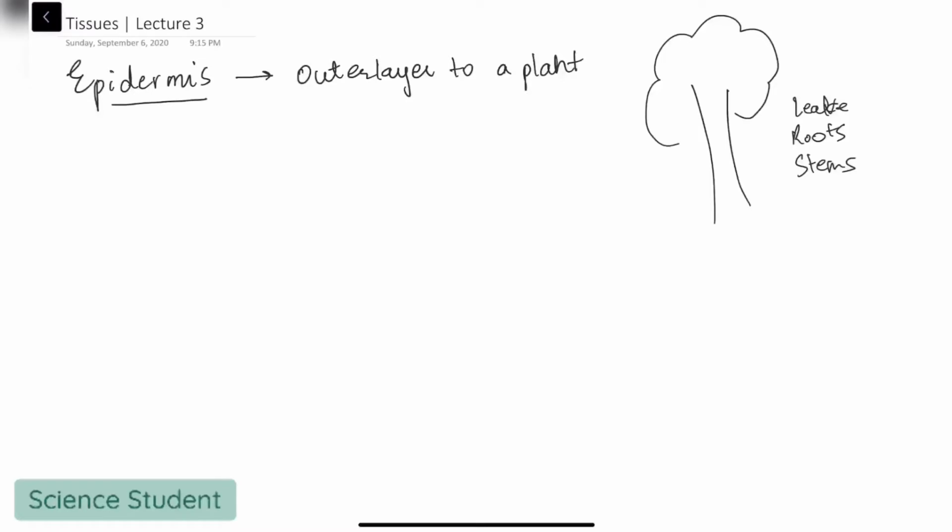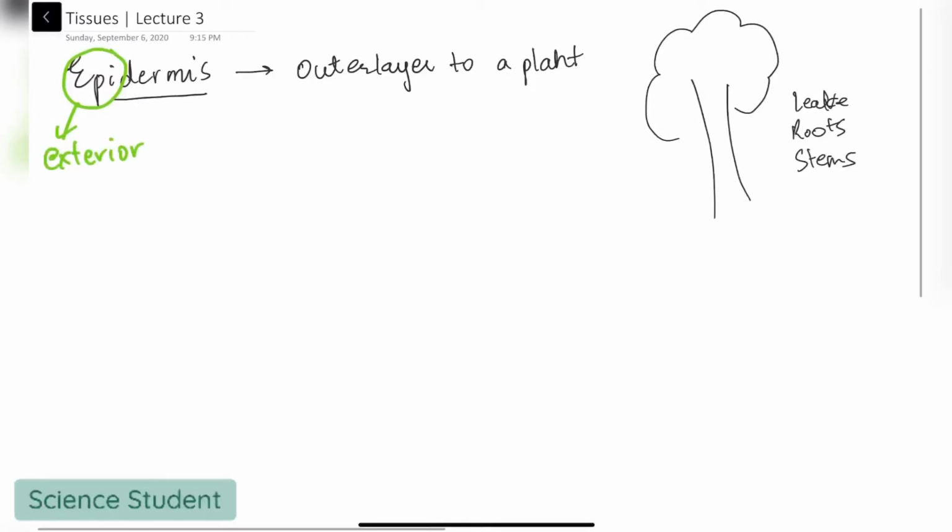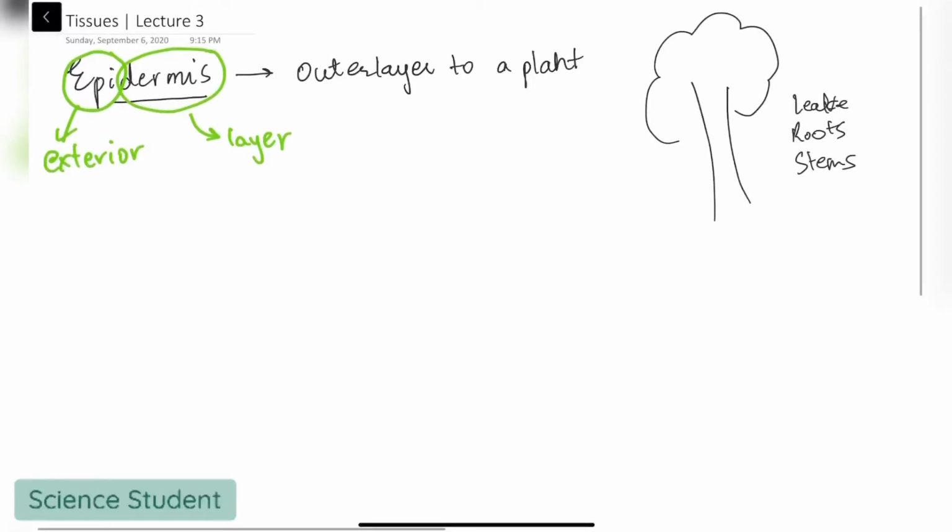Derma means layer and epi means outer, exterior. So epidermis is the exterior layer of an organism.